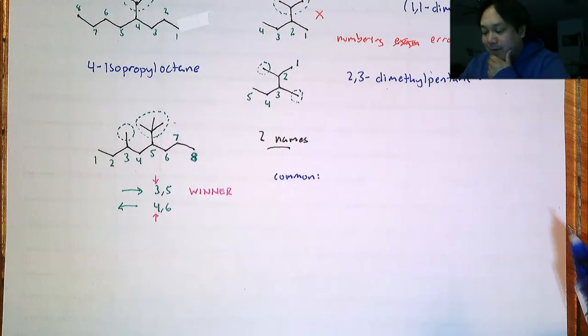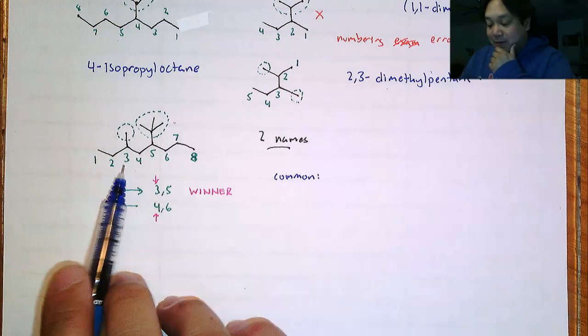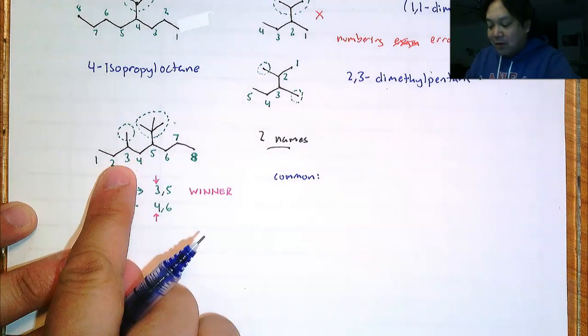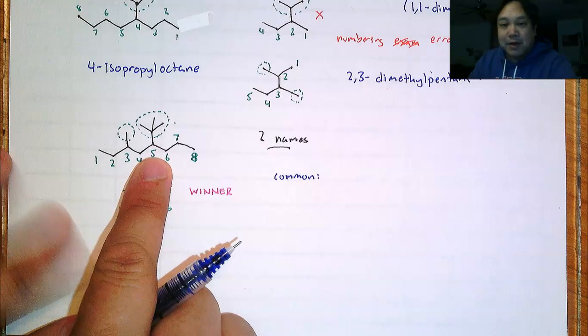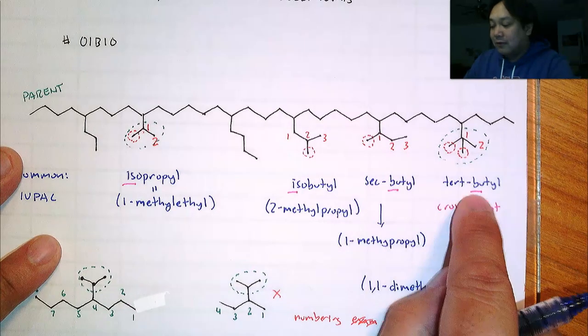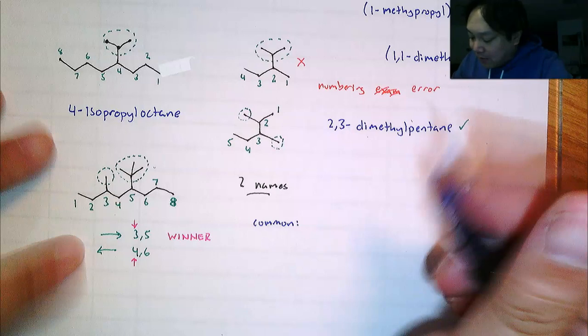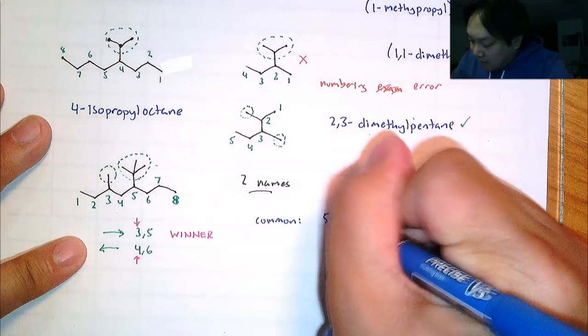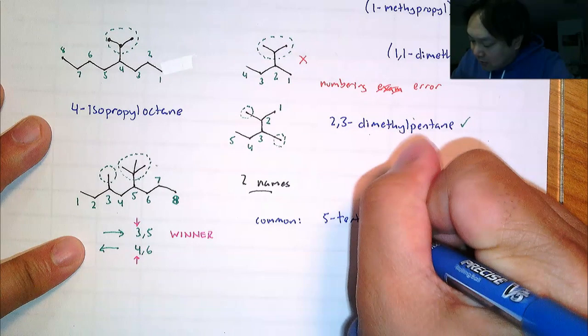Ooh, we have to alphabetize. We have a methyl, tert-butyl. But again, if your prefix is followed by hyphen, you go by the root. So we go by B. The common name would be 5-tert-butyl.